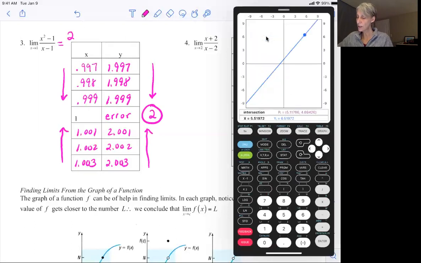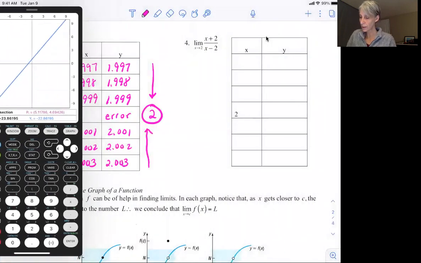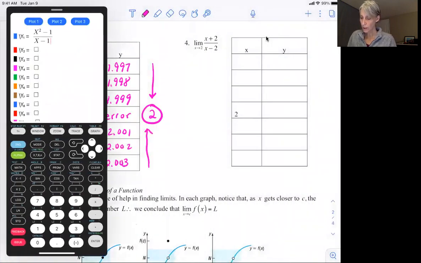In the graph of the function, as I plug in x values, I still get my function. I may not get an answer when I plug in 1, but my y values are getting closer to 2. And the limit is what's happening to the y values as x gets close to some number. Let's try one more example here.